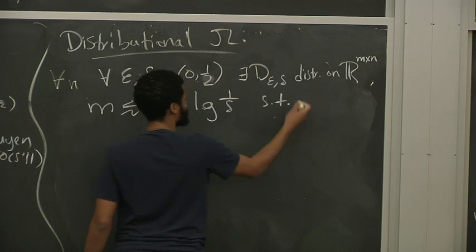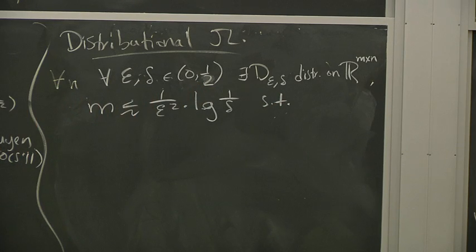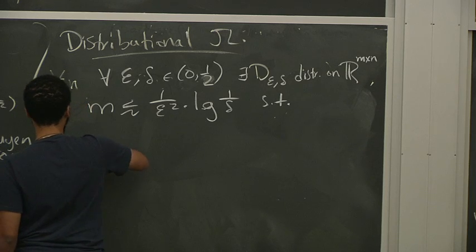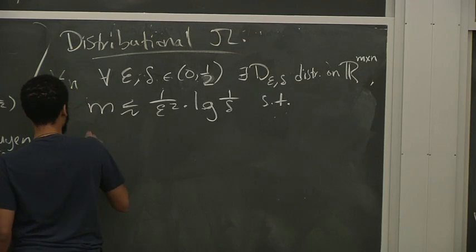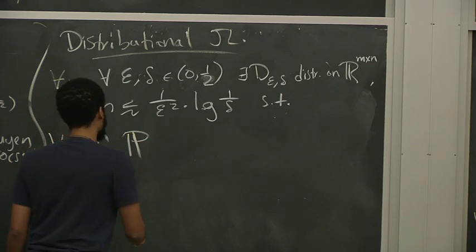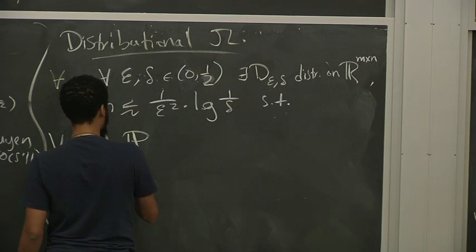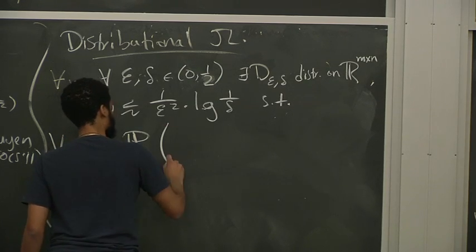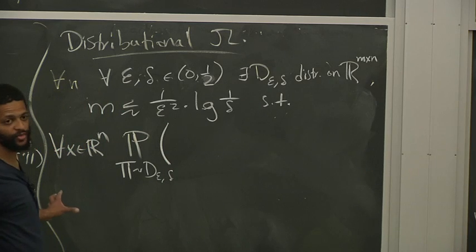Such that for all x, the probability over pi being drawn from this distribution that pi does not preserve the norm of x is small.